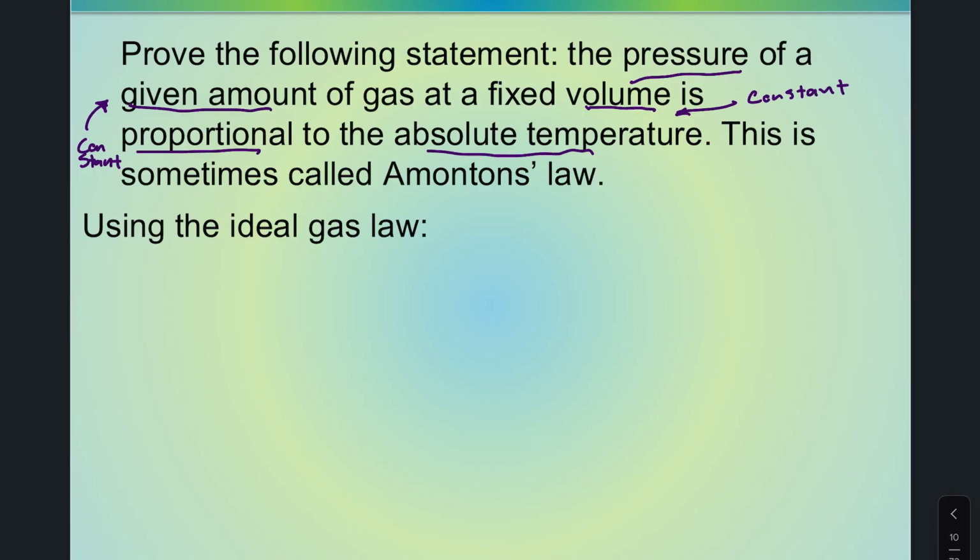So it's always going to be the same moles of gas. It's always going to be the same volume. That means that the pressure and the temperature are proportional. And so this is how we'd work it out.